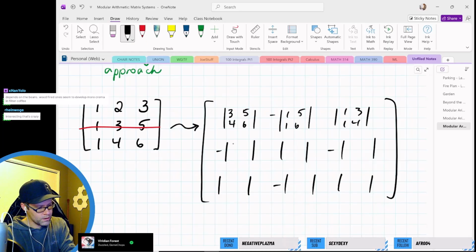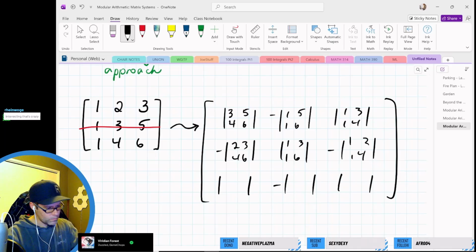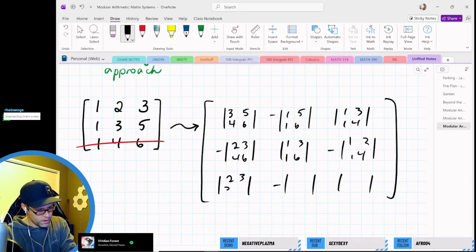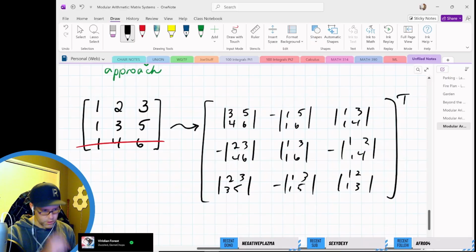So we have 2, 3, 4, 6. 1, 3, 1, 6. And 1, 2, 1, 4. And then for the bottom, we have 2, 3, 3, 5. 1, 3, 1, 5. And 1, 2, 1, 3. Oh, and then I apologize. We have to take the transpose of this once we're done too, I think.